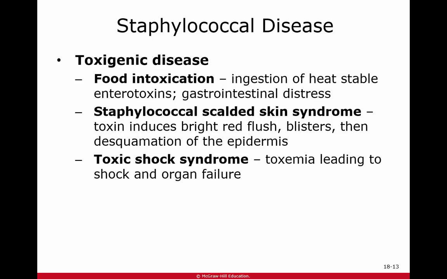The toxigenic disease, you can get it from food, and you can have a lot of gastrointestinal distress. You can get what's called scalded skin syndrome, where you get a bright red flush and blisters, and then the epidermis seems to come off in big sheets, and it's mostly common in newborns and infants. Adults can be asymptomatic. And then, of course, there's toxic shock syndrome, which is toxemia that can cause shock and organ failure.